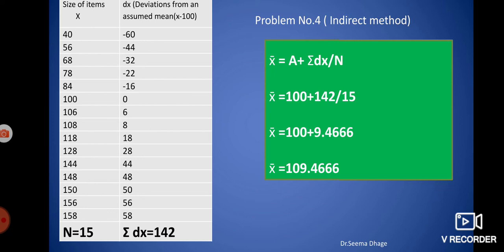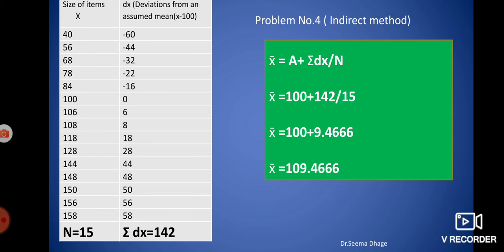If you count all the values, these are 15 values. So the number of items is 15. So n value is 15. Now we have to select our assumed mean. You can select the assumed mean with your logic or experience. I am selecting 100 as my assumed mean.